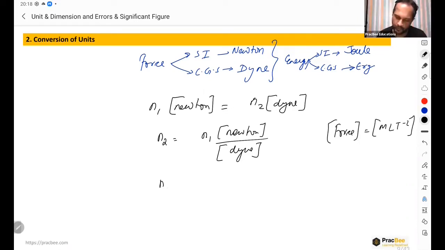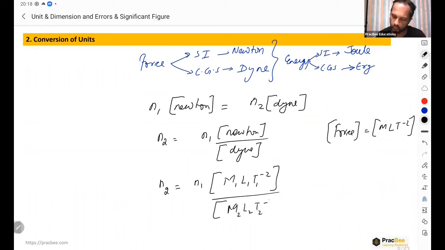So I can write N2 is equal to N1 into M1 L1 T1 to the power minus 2. I am denoting subscript 1 for Newton and subscript 2 for dyne.